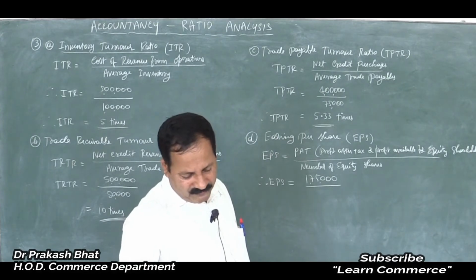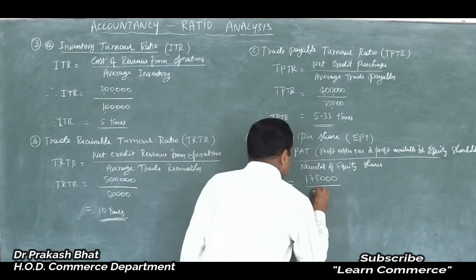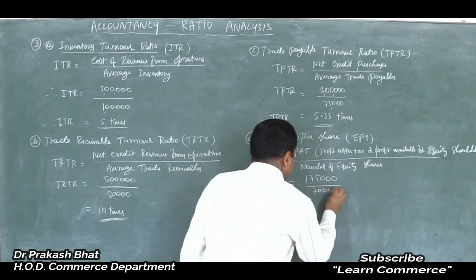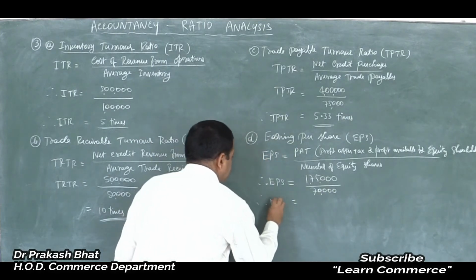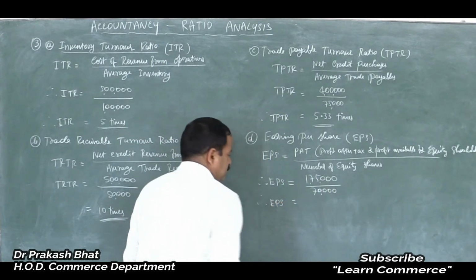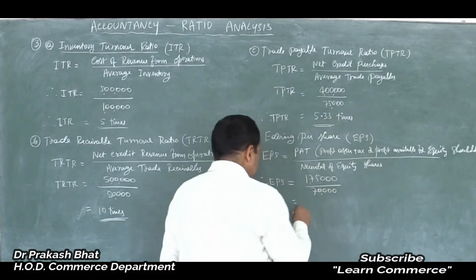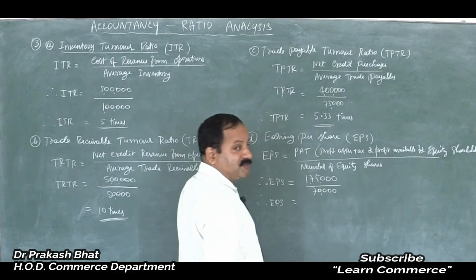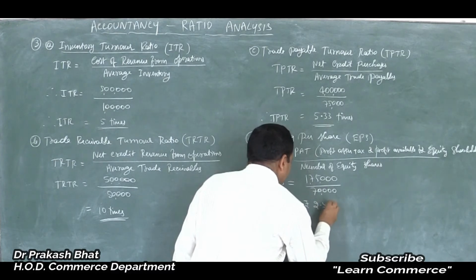How much? 70,000. Am I correct? Yes, it is 70,000. Divide it, you will get, therefore earning per share is equal to rupees 2.50, 2 rupees 50 paise.